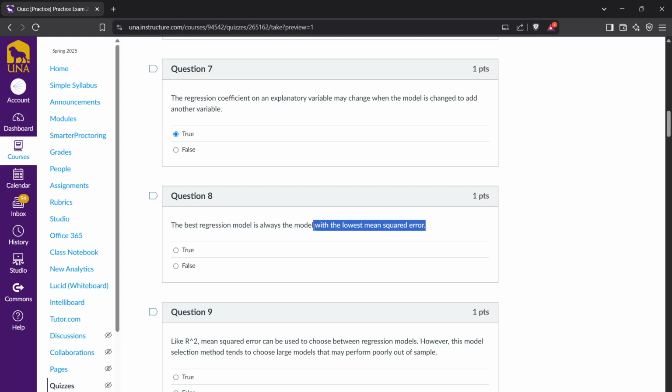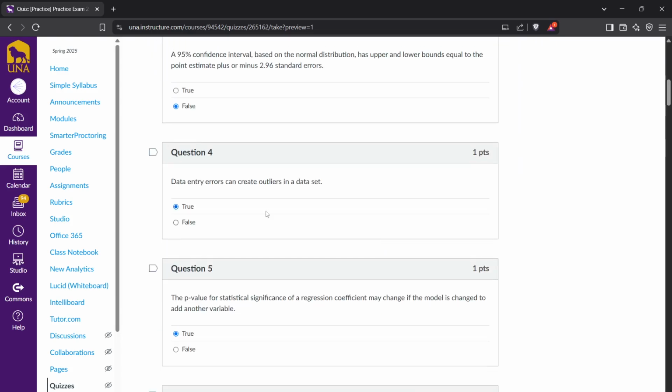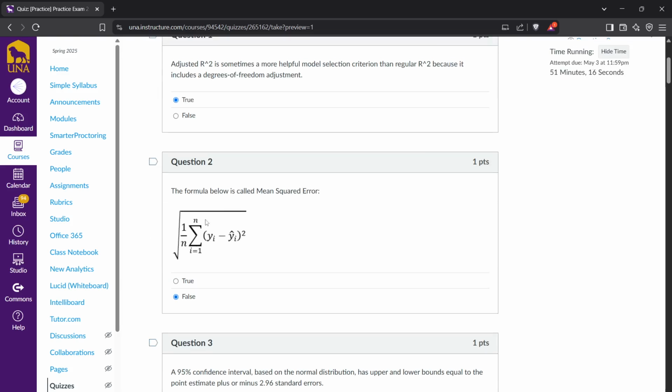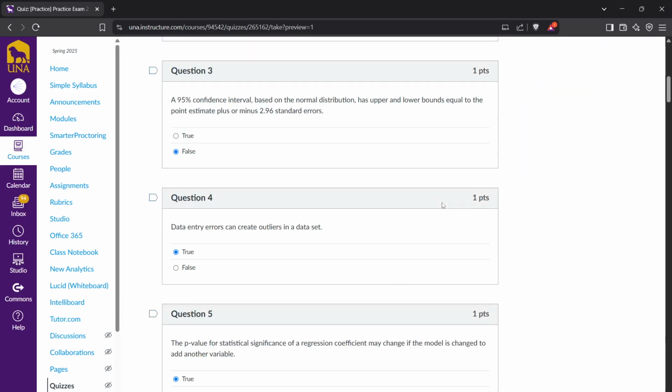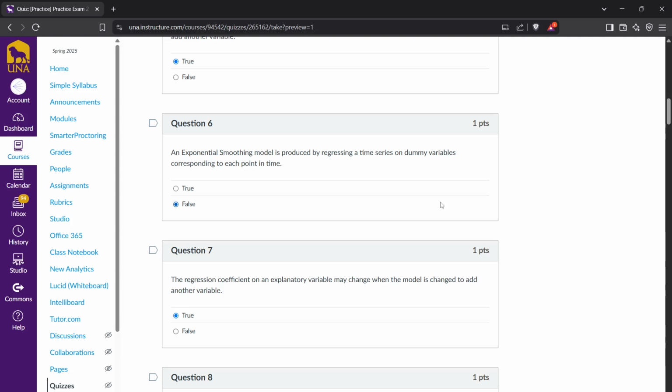The lowest mean squared error for regression models, if I think about adding more variables to the right-hand side of the model, adding more variables will always make the mean squared error smaller, at least as long as I'm looking at this formula, right? The version of mean squared error inside the radical here is the same thing that shows up in the formula for regular r squared. It does not incorporate a degrees of freedom correction.